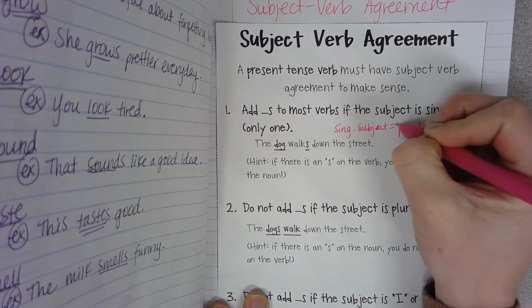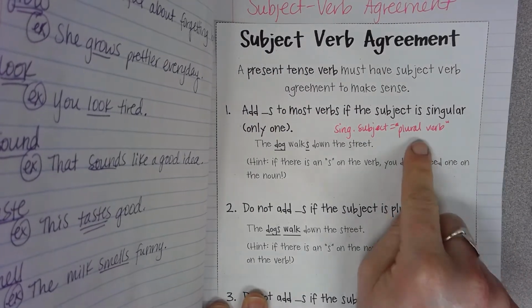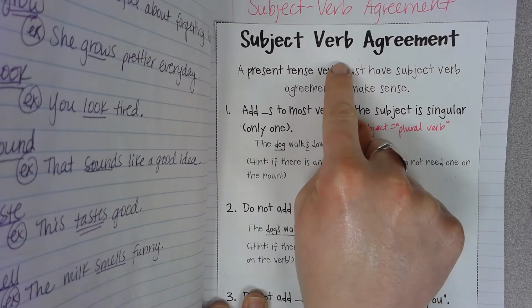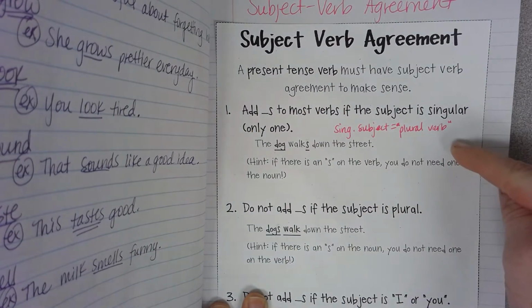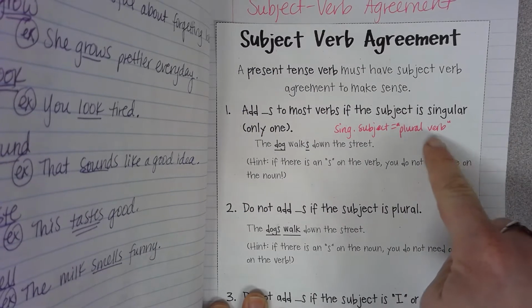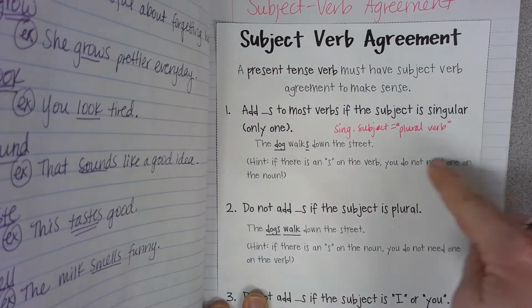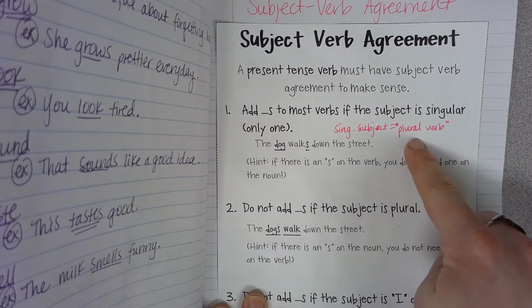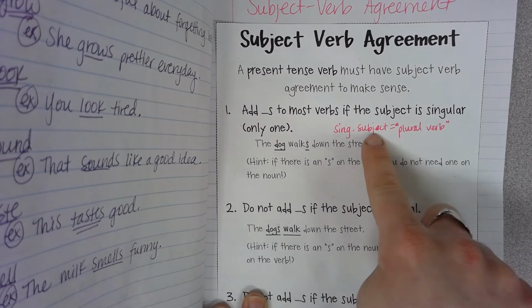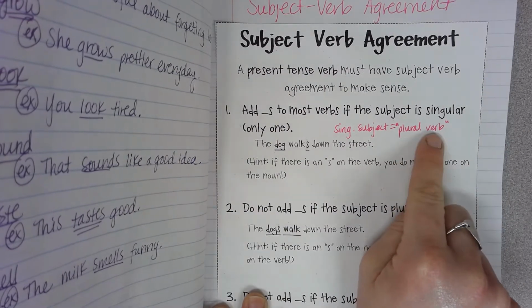Okay, and I'm going to put it in quotations here so that you can kind of see. Now, the verb is not plural, okay? More than one action can't be taking place. We don't pluralize verbs, but we can kind of think of them as plural because we're used to adding S onto nouns to make them plural. It's kind of what these verbs look like. Now, the singular subject will be one of them, but two verbs, or a plural verb.